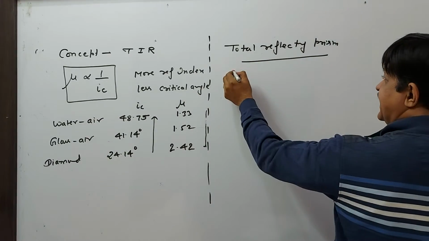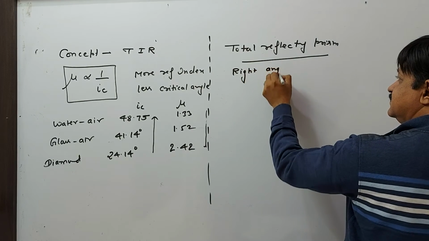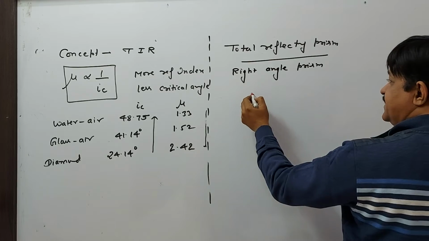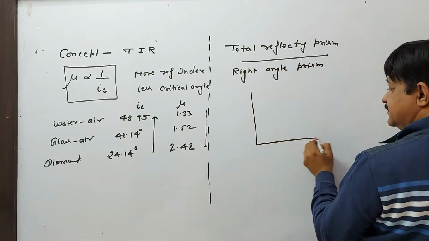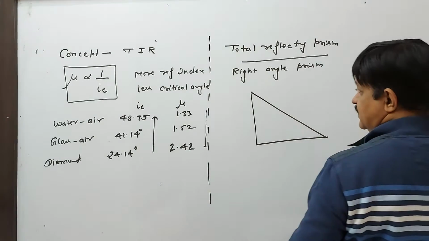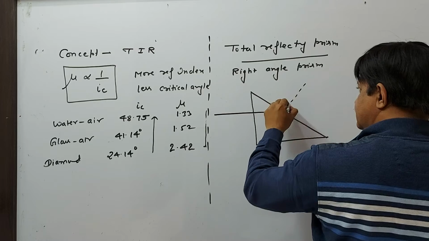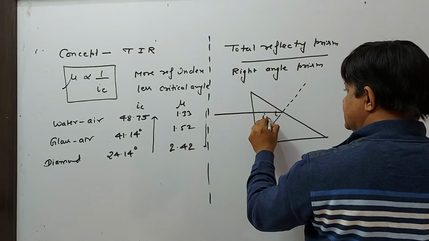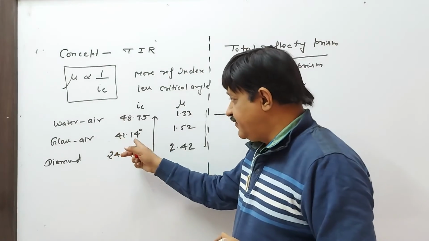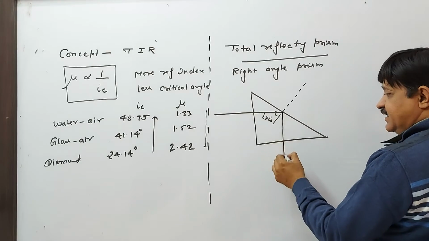They are also right angle prisms. When the prism is right angle and light enters through it, this angle is more than the critical angle, because what it needs is 41.4, but this is 45 degrees, and it suffers total internal reflection.